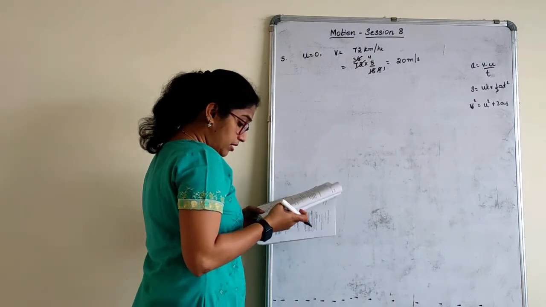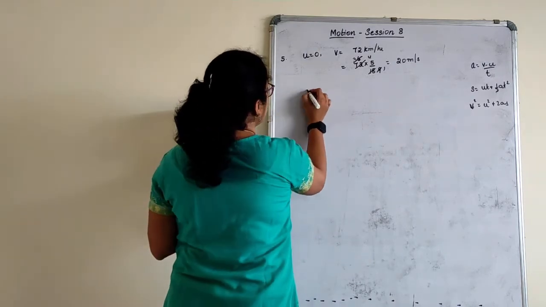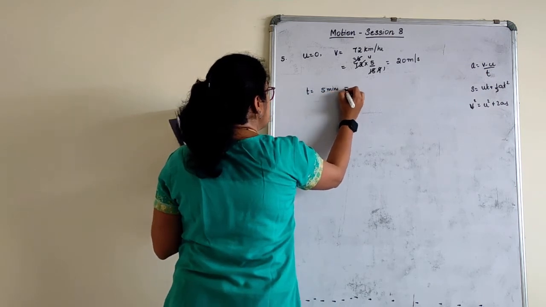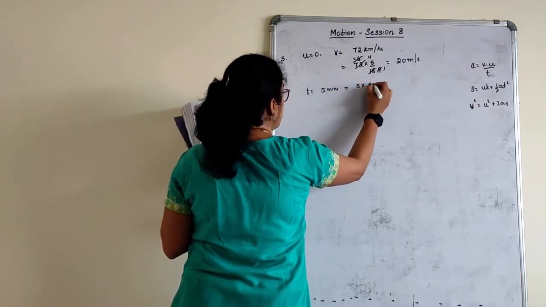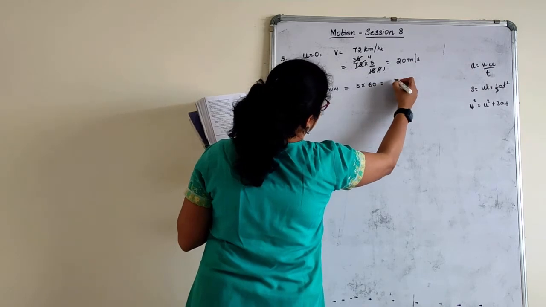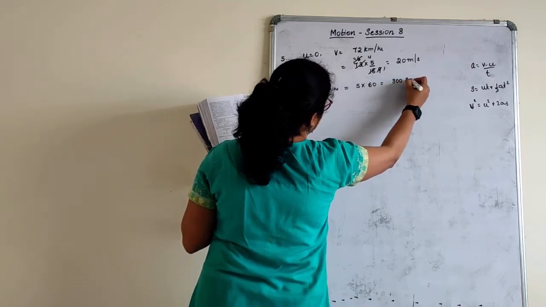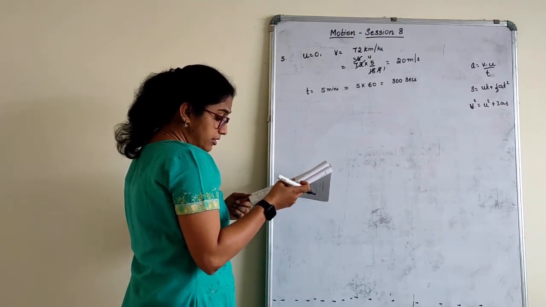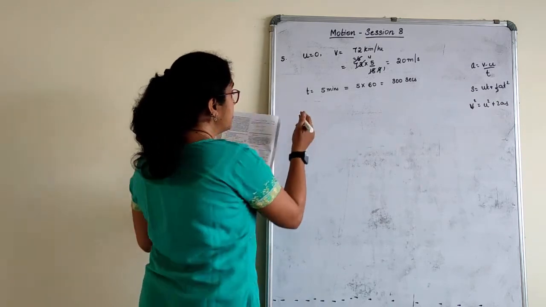In 5 minutes, time is equal to 5 minutes. So that is 5 into 60, 300 seconds. Assuming that acceleration is uniform, find the acceleration and distance travelled by the train in attaining this velocity.